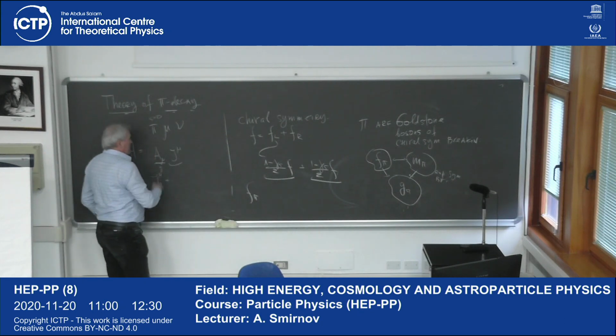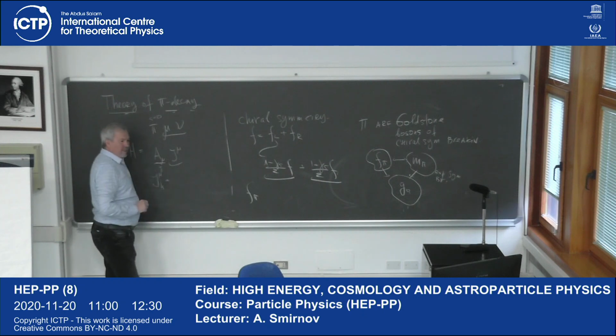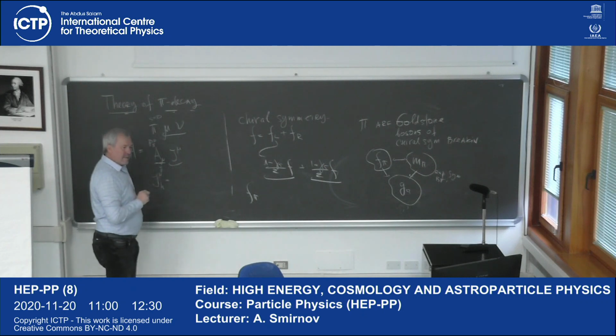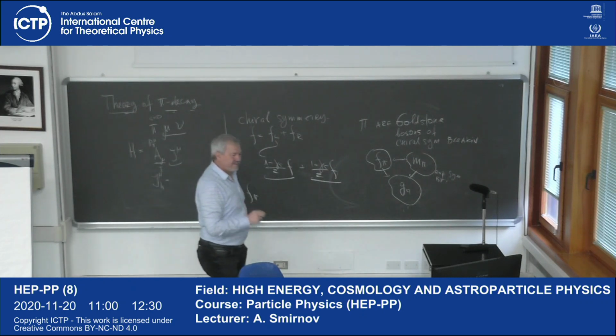So this is clear because we need to describe this pair. And for this, an elementary vector field doesn't work, so it's a scalar field. Therefore what we are writing here is eventually reduced not to the field, but to the momentum of the pion, to have Lorentz covariance.